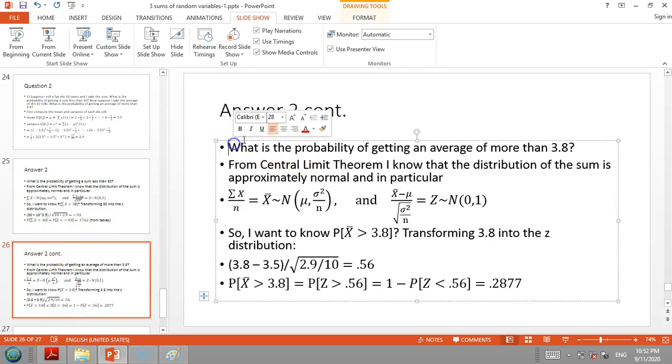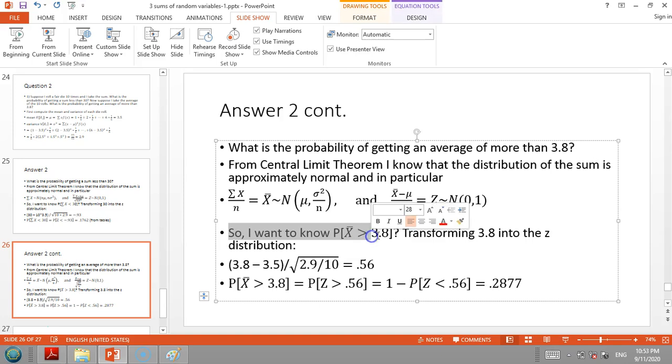What is the probability of getting an average of more than 3.8? So again, what is the average? I need the distribution of the averages. In this case, this is just the sum of x_i divided by n. And so this is going to be a normal with this mean and this variance. Again, I convert to a standard normal. And if I want the probability that x bar is greater than 3.8, I plug in 3.8 for this x bar here, okay?